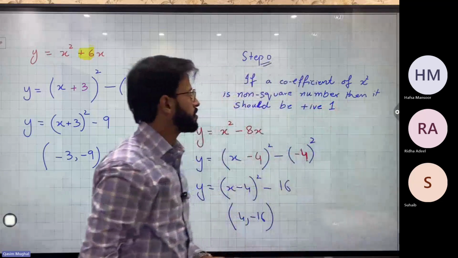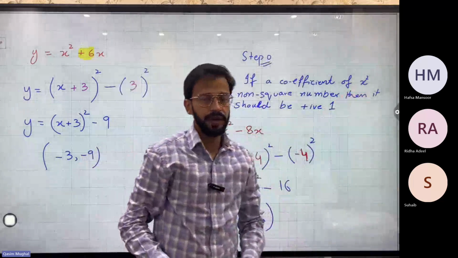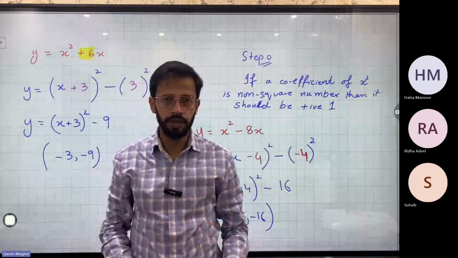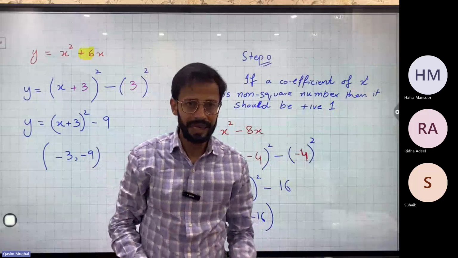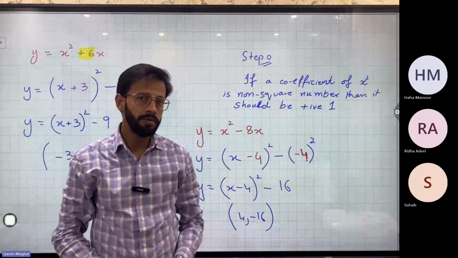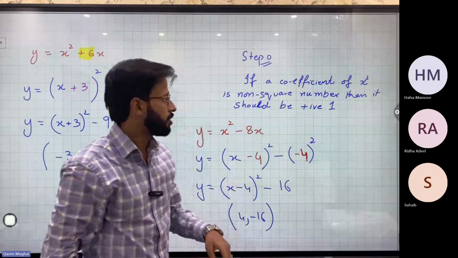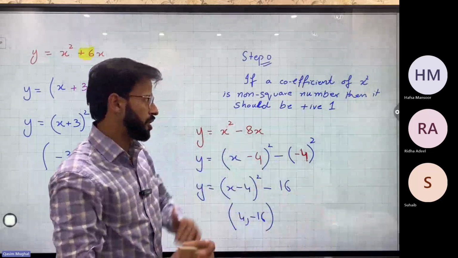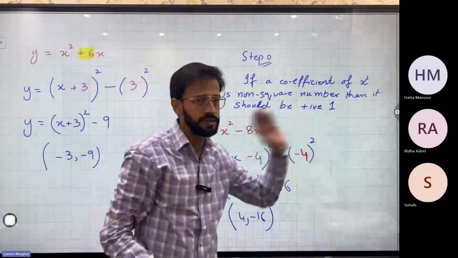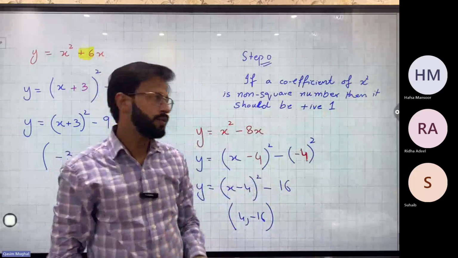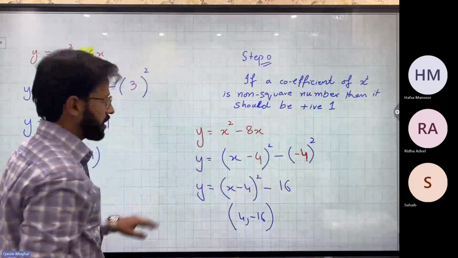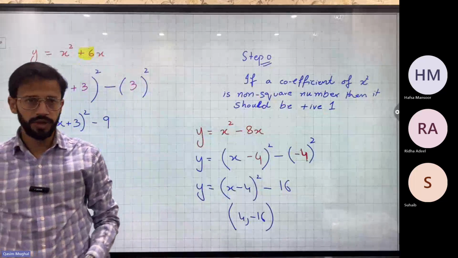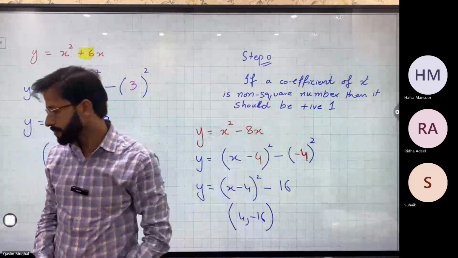If we have a coefficient of x squared as any non-square number, maybe 2, maybe 3, maybe 5, maybe 6, maybe 7, maybe 10, maybe 8, whatever the coefficient of x squared, if it is a non-square number, then we will make sure that it is +1. How are we going to go about it? We will be discussing that today. Note this down so that we can proceed further. Let me know once you are done with this.